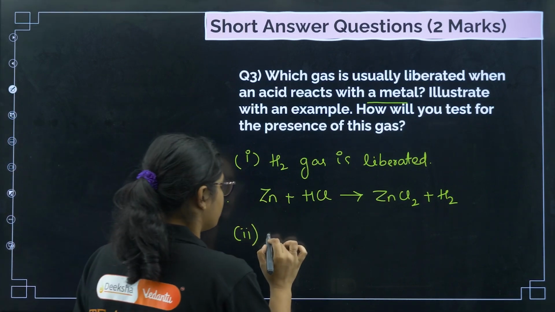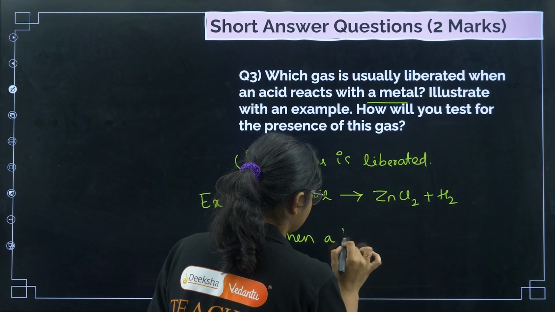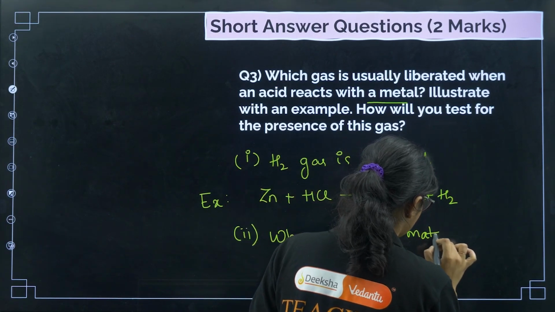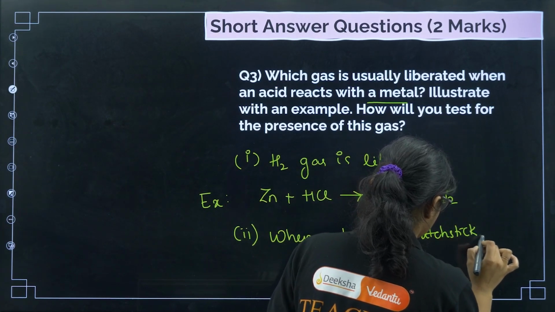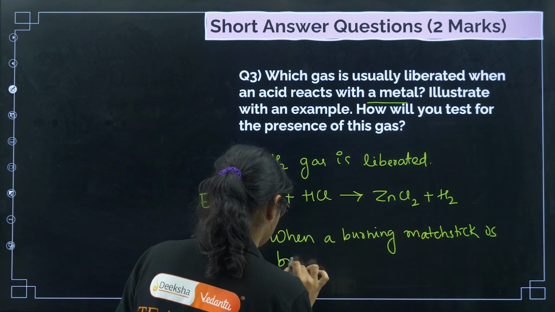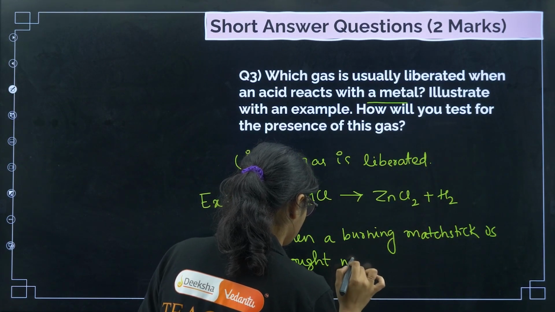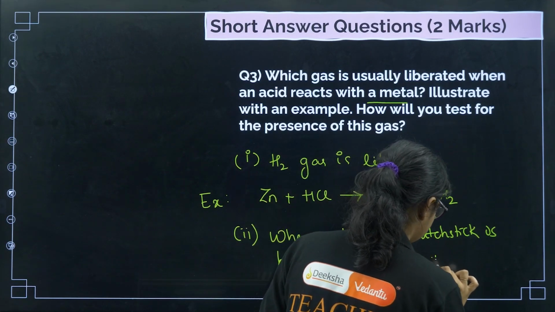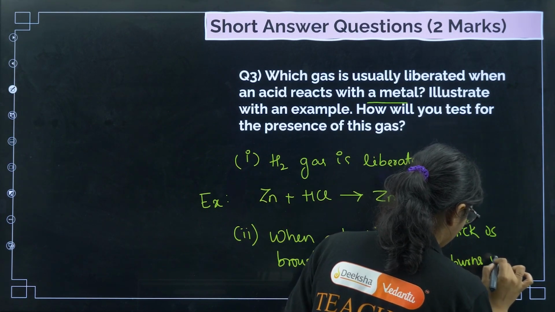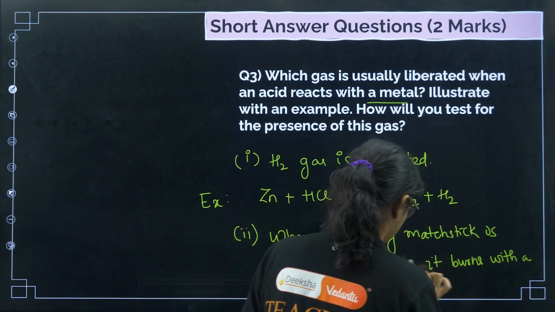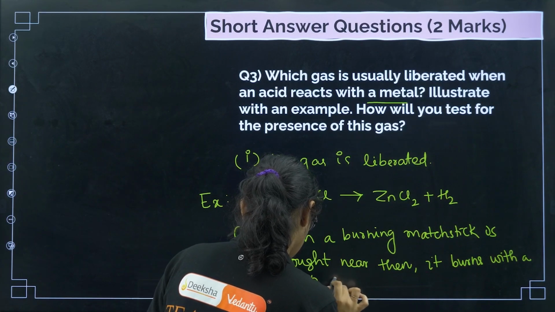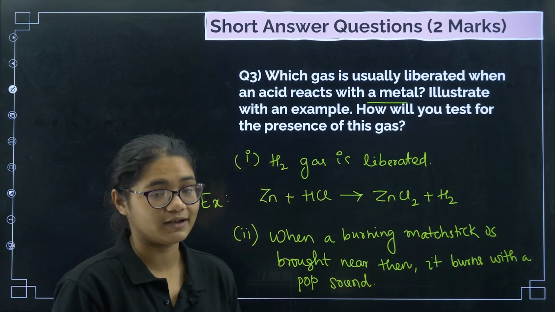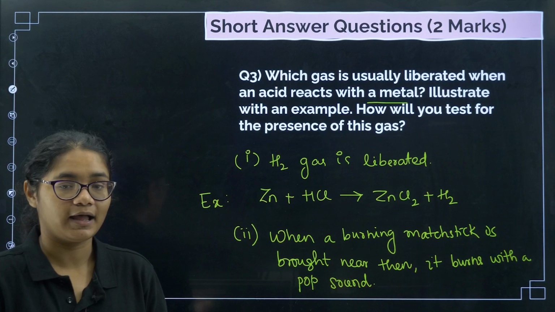So you can write down, when a burning matchstick is brought near, it burns with a pop sound. Okay, that is how we can identify that the gas produced is nothing but hydrogen gas.